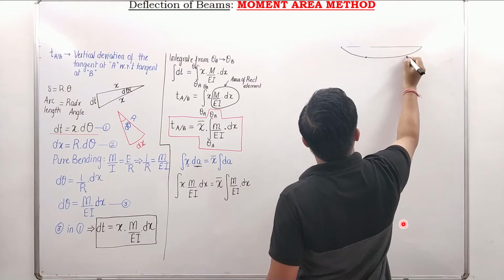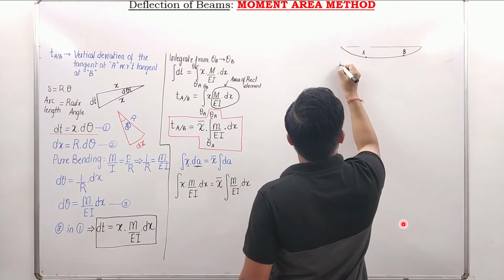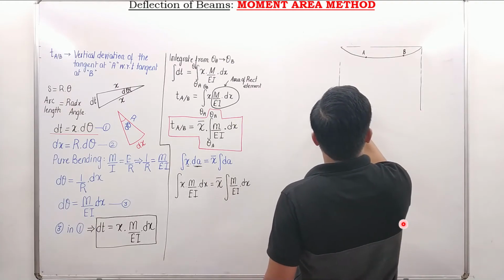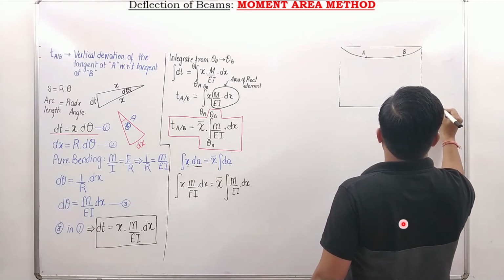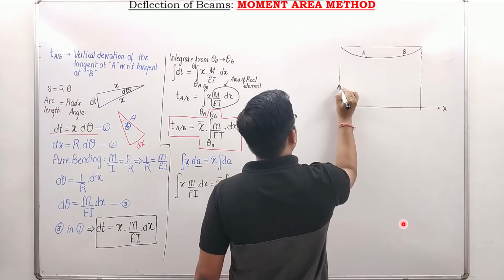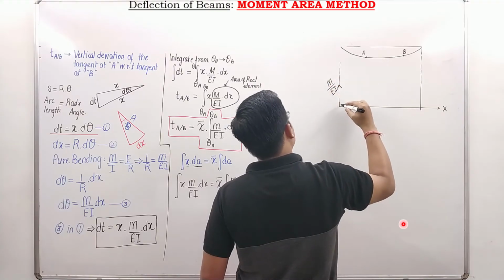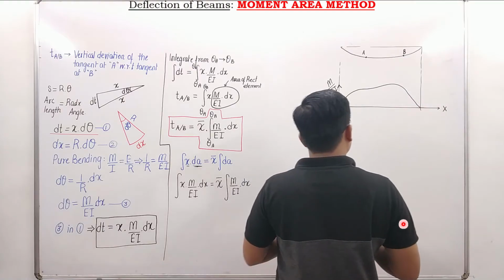We've got 2 points, point A and B. So if you draw the bending moment diagram like this, that's X for you, and this is not the bending moment diagram but the M over EI diagram. So it's going to be something like this, isn't it?